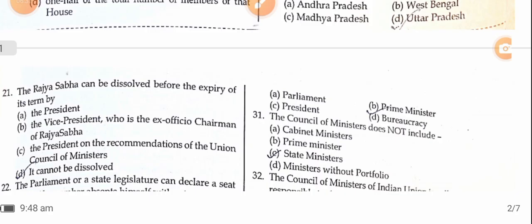And also, recently, according to fish production, it is topmost. We are just talking about Uttar Pradesh.